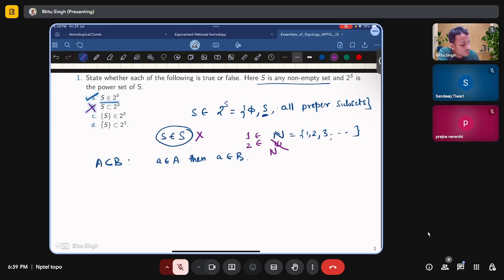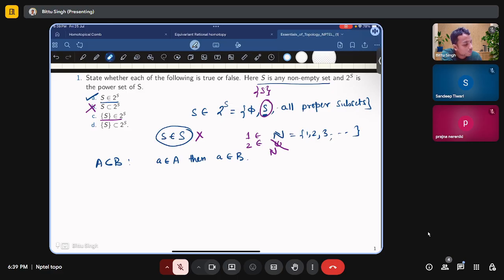Now the question is, this set {s} belongs to 2 to the power s. Is it true? So here we can see that s is there, but this {s} is not there, right?